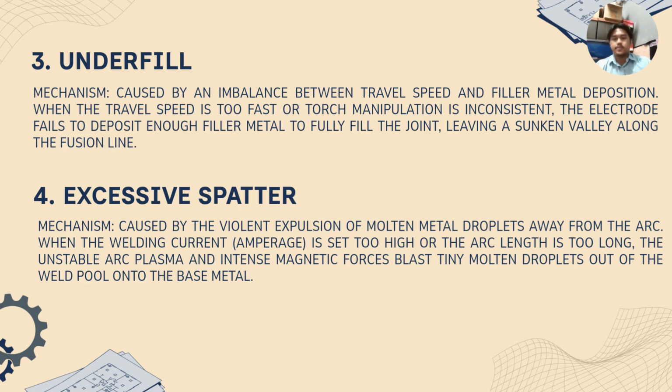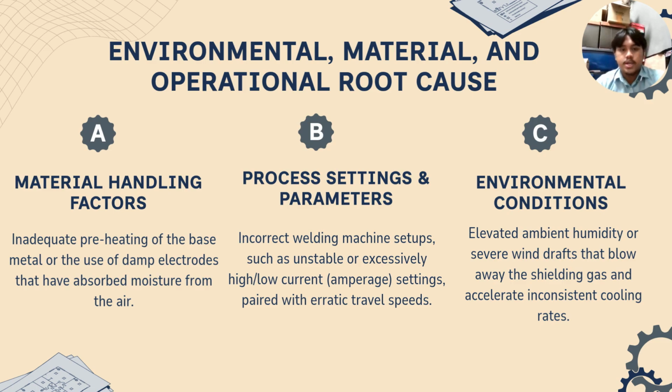And lastly, excessive spatter involves the violent expulsion of molten droplets away from the arc. This is primarily caused by setting the welding current too high and maintaining an excessively long arc length, which destabilizes the arc plasma.